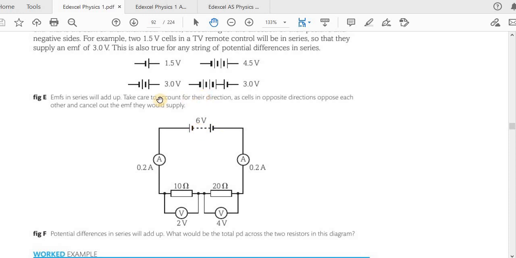So 4 of these are connected from here all the way to here. We don't need to draw all that, simply we can use a dashed line like this to show that there is a number of cells in between these two. This is the symbol for a battery. These are also symbols for batteries because you have a number of cells. This, strictly speaking, is not the symbol for a battery, it's the symbol for a cell.